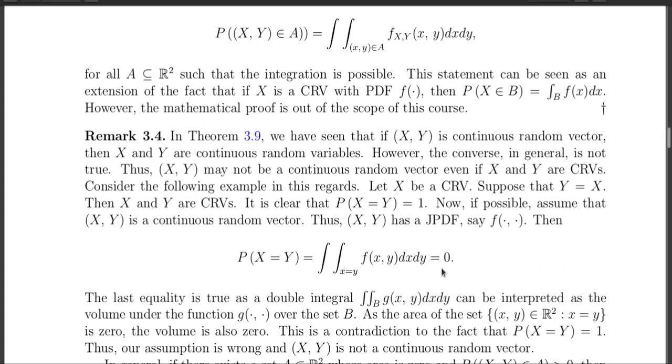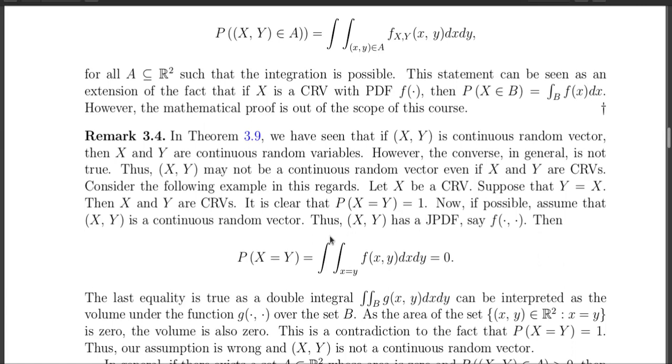So if (x, y) is a continuous random vector, then the probability that x equals y has to be 0. But in this case, what did we get? We got that the probability that x equals y is exactly equal to 1. That is a contradiction, and that shows that (x, y) in this case is not a continuous random vector.